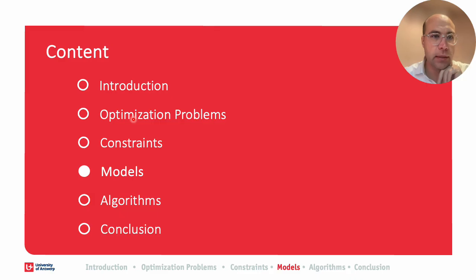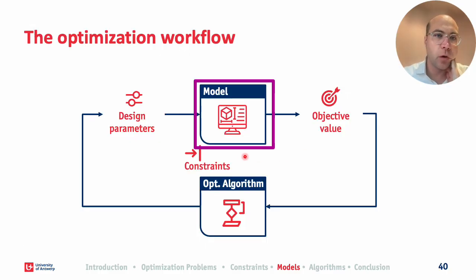Now we already said a lot of things. I want to tell a little bit more about these models. It's important in the optimization workflow that we have a model that mimics reality. And again, machine designers, engineers that want to run optimizations, it's not here that we should put effort in.